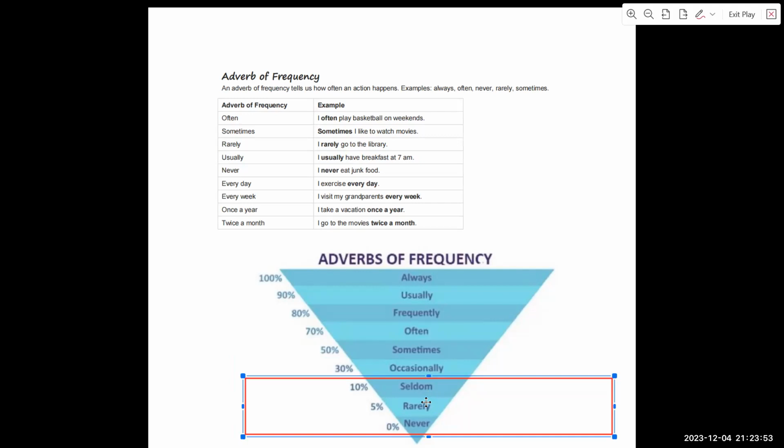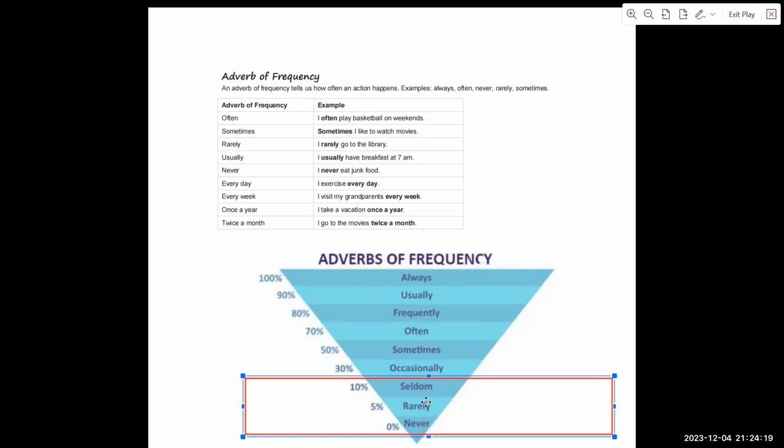Okay. When you're making a sentence and you think you did something more than rare, for example 3 times, and it's not very rare, you can use seldom instead of rare.